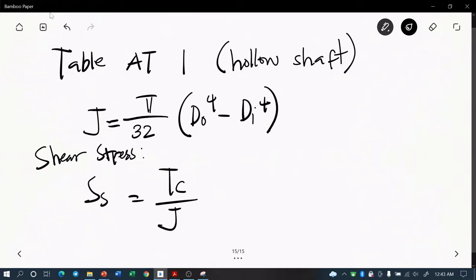So simply, since the torsional stress is applied to the outside surface of the hollow shaft, our c is equal to d sub O over 2.